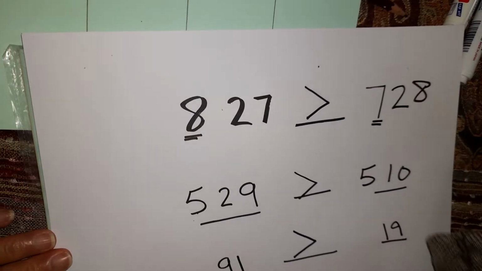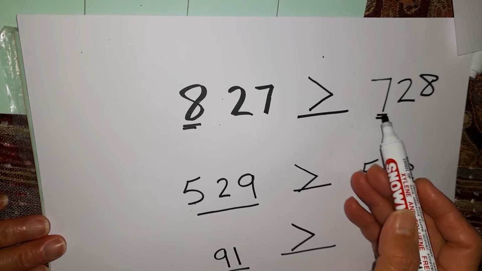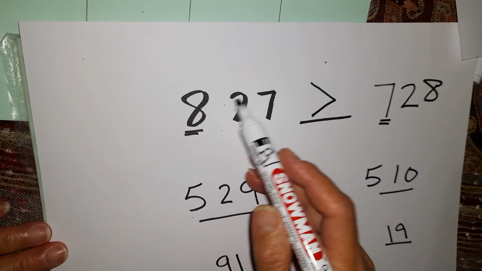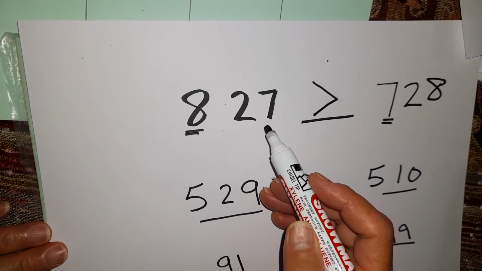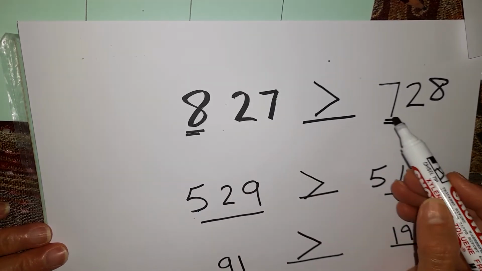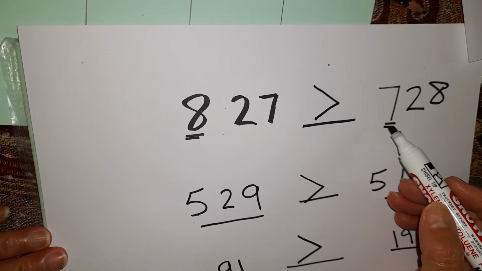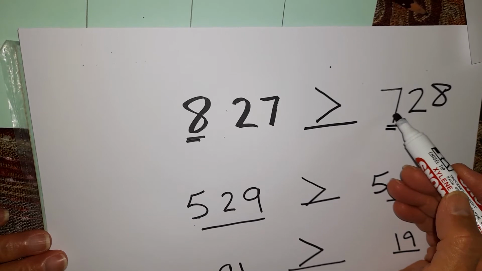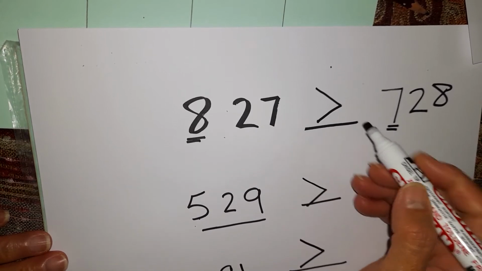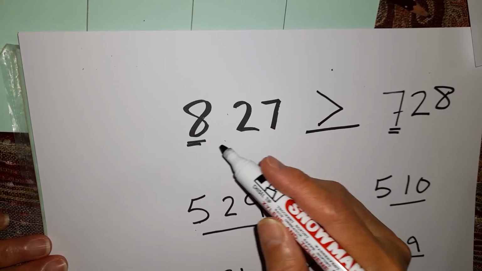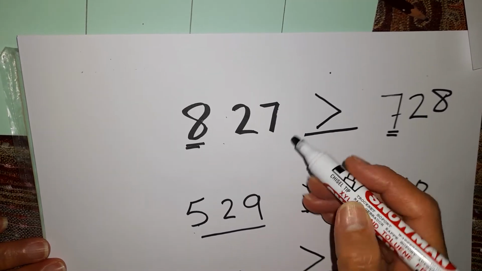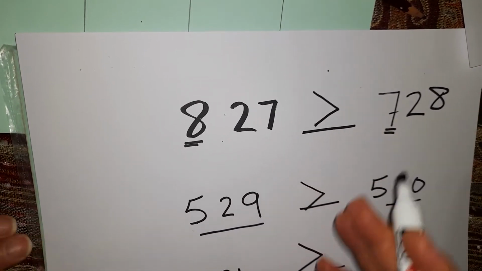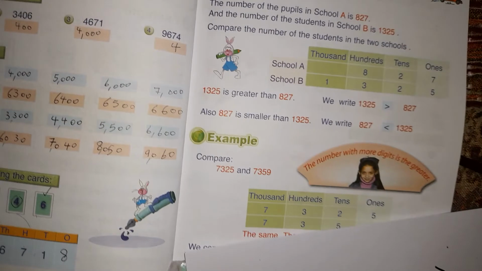Now, if I have the same number of digits in both numbers, and it reached the hundreds here and also here, compare how many hundreds with how many hundreds. 8 is greater, so 827 is greater than. Okay, now let's go back to our lesson.